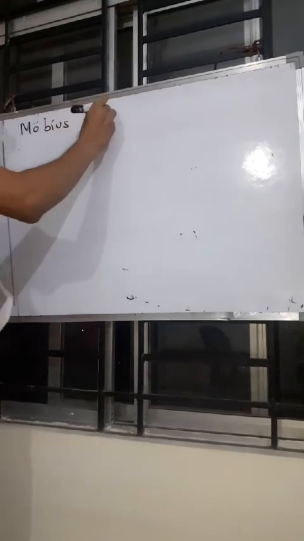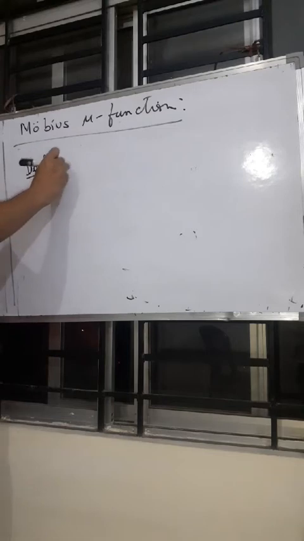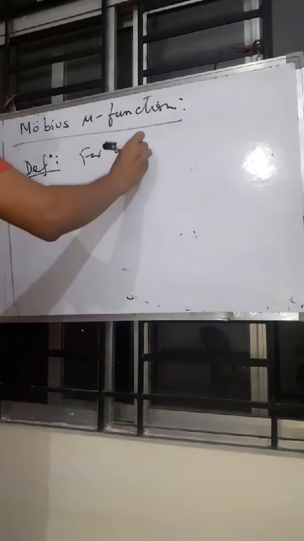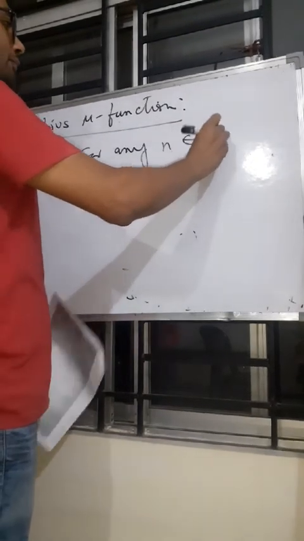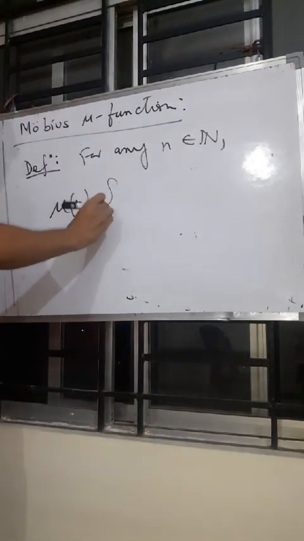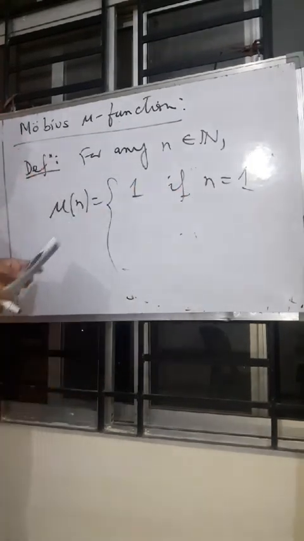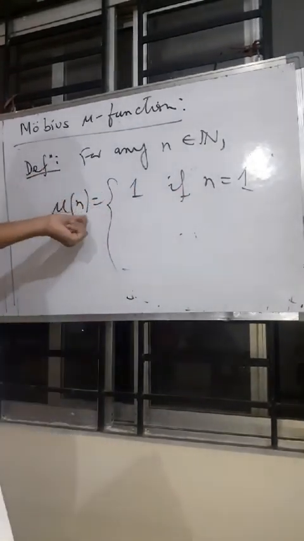Next we go to this important Mobius mu function. Mobius mu function is like this. Definition: for any n, if n is 1, then mu of n is 1.